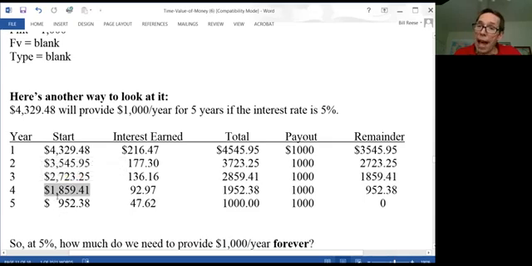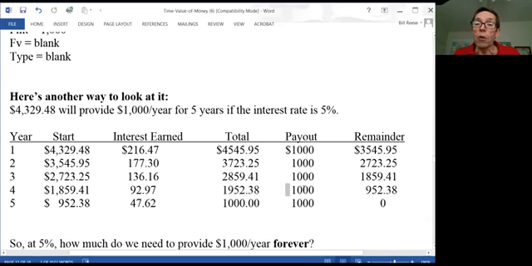During year four, that money is earning 5%. 5% of $1,859.41 is going to be $92.97. That gets added to your account at the end of year four, bringing your account total to $1,952.38. You look at that and you say, man, I think I'd like to take out $1,000 and go scuba diving off the Florida Keys.